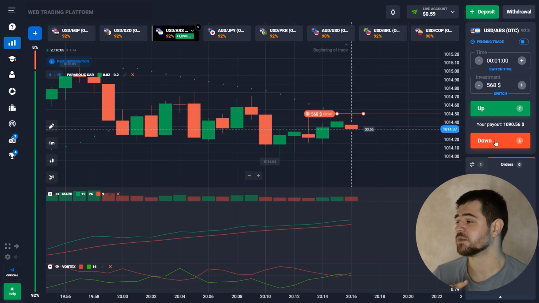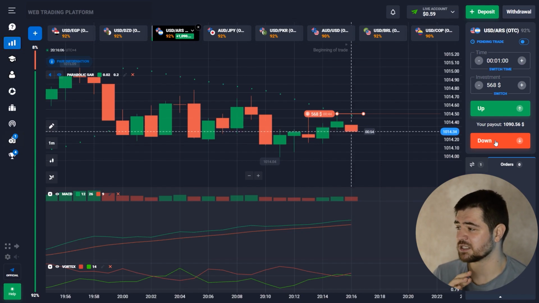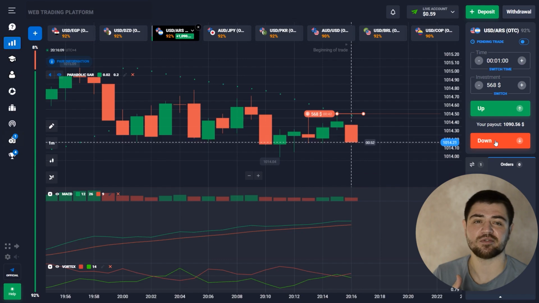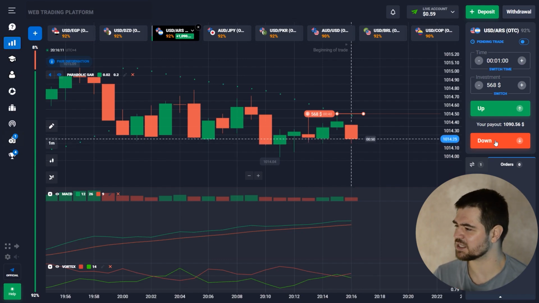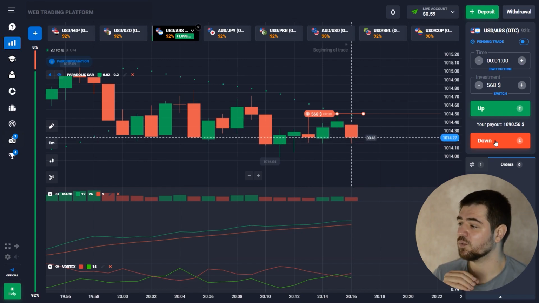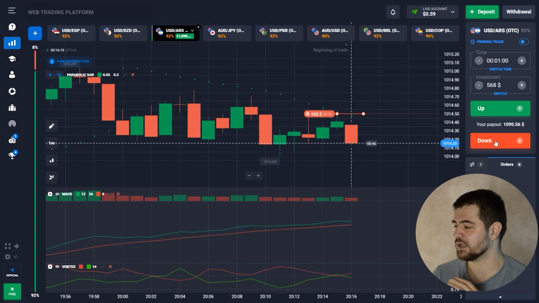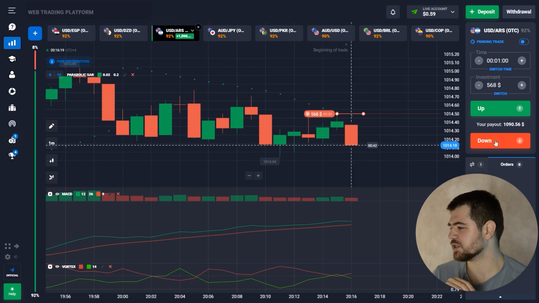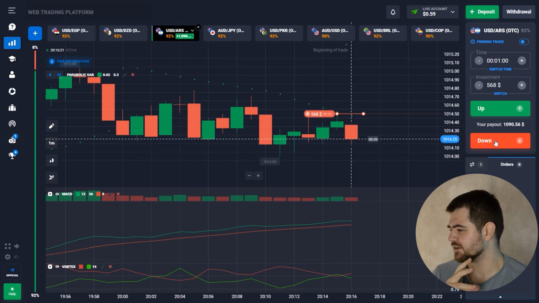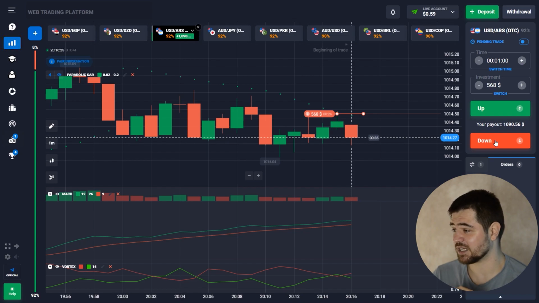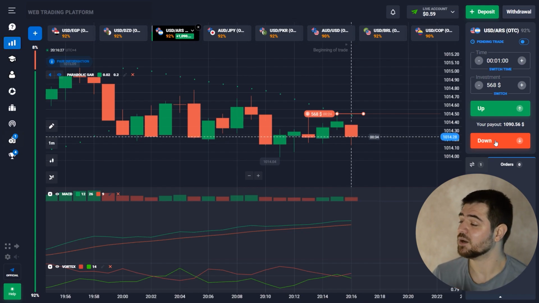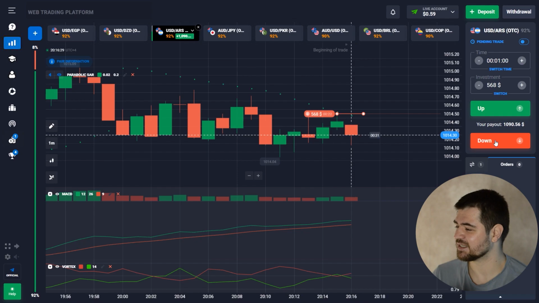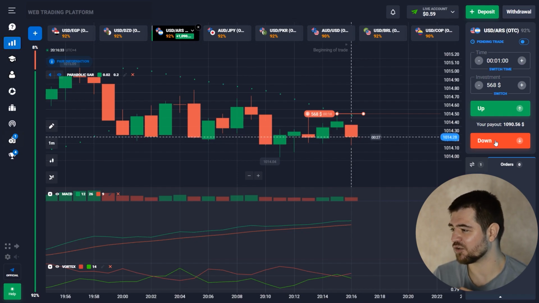The parabolic SAR dotted line in this case worked as a resistance level from which we could bounce off, and this is what I actually did. Because MACD doesn't show much right now, it's kind of flat, as you can see, a good representation of the graph.